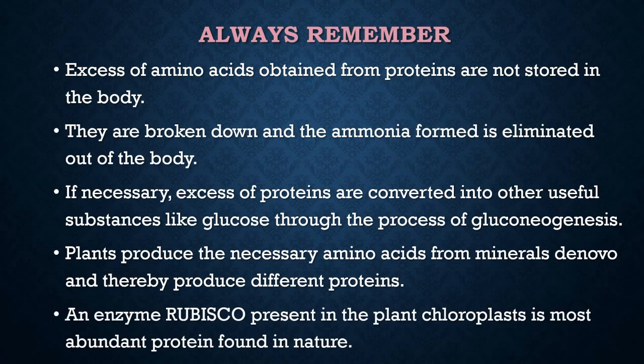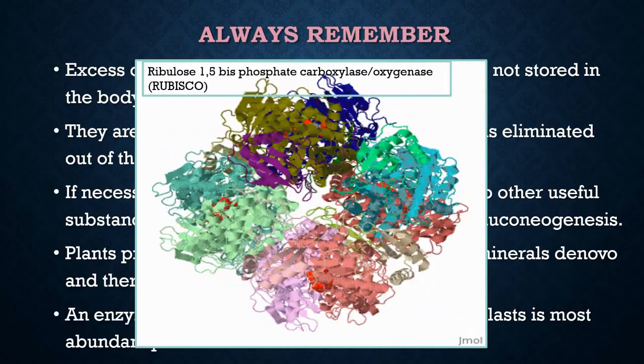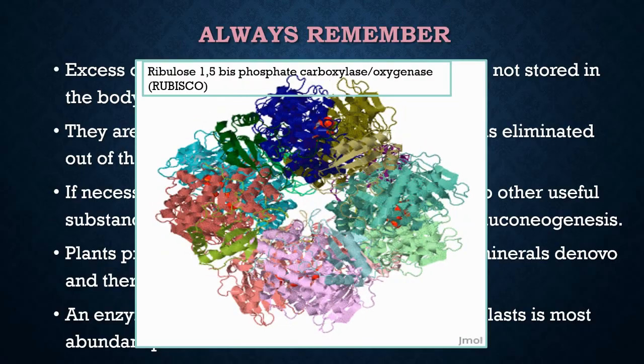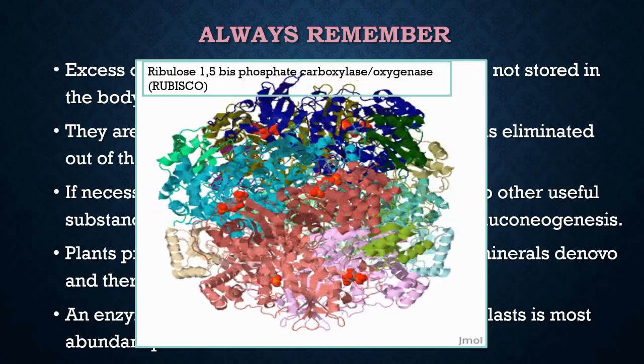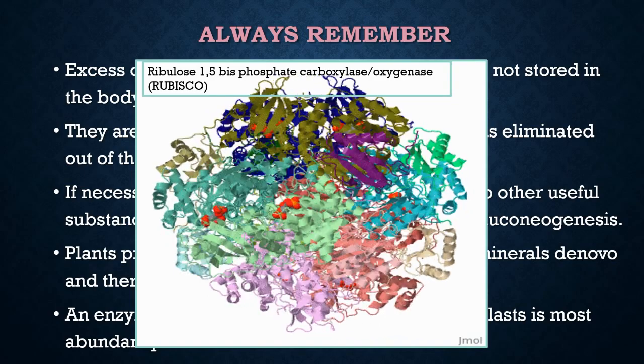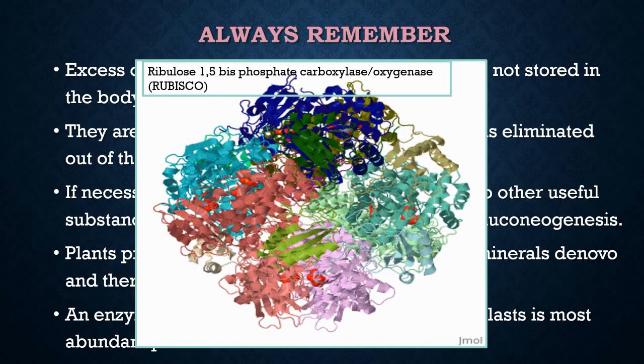Then an enzyme called rubisco, which is present in plant chloroplasts, is the most abundant protein found in nature. You can see the structure of rubisco. Rubisco is a common name. The full name is ribulose 1,5-bisphosphate carboxylase/oxygenase. This is the most abundant type of protein present on earth.